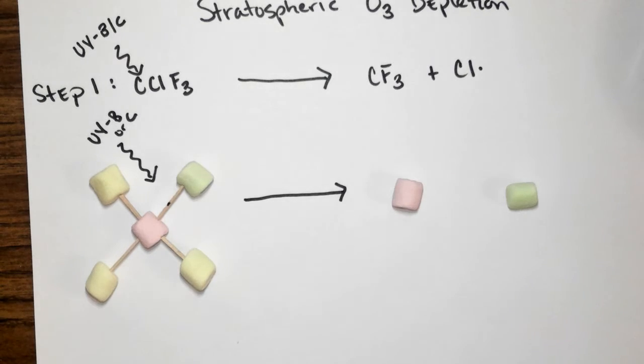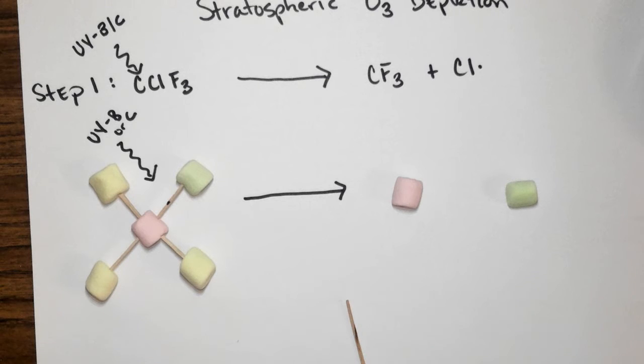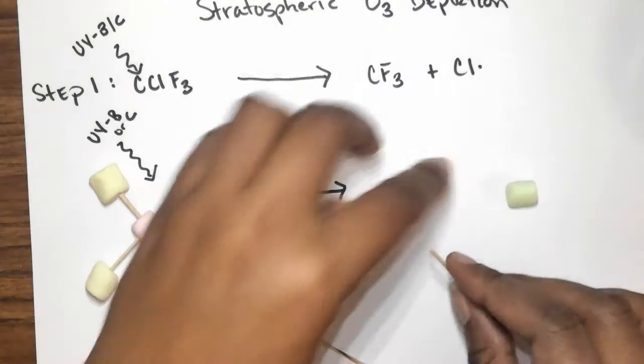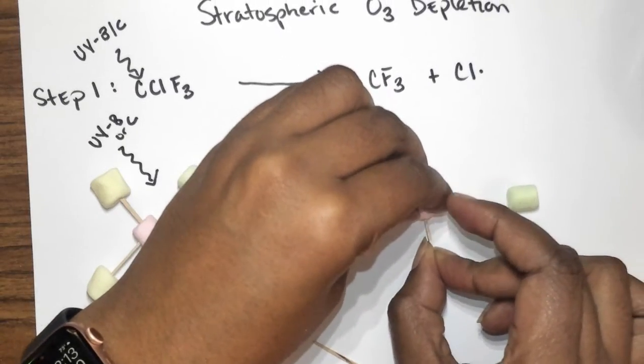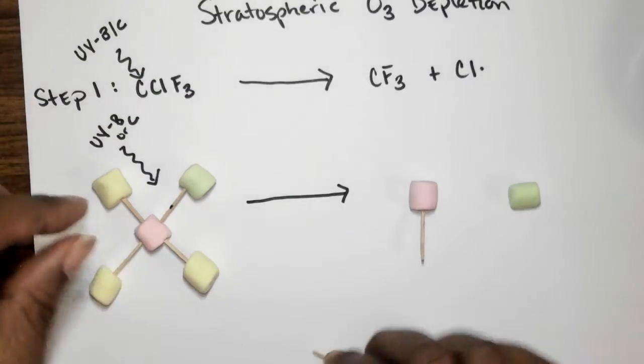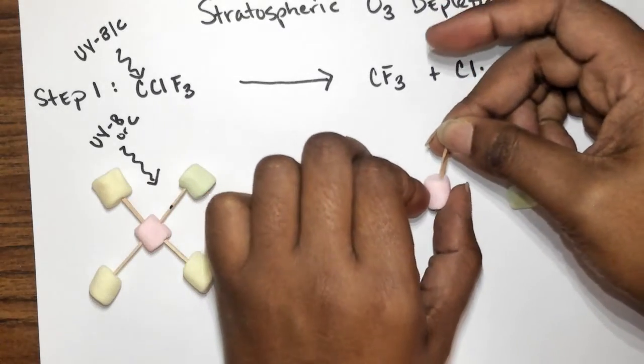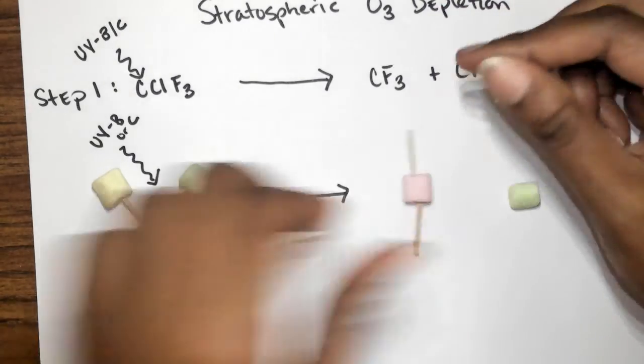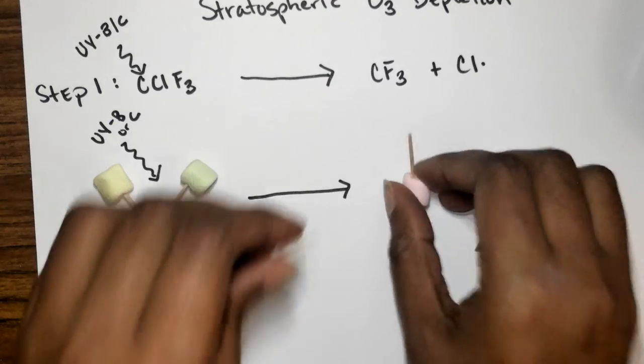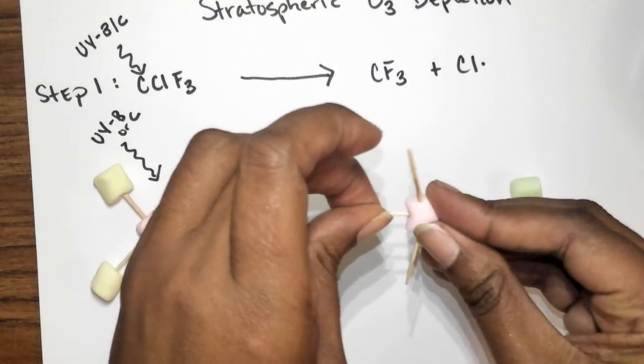So what you get, so I've got this carbon, and it's not a very happy carbon, because carbon absolutely wants to make 4 bonds.